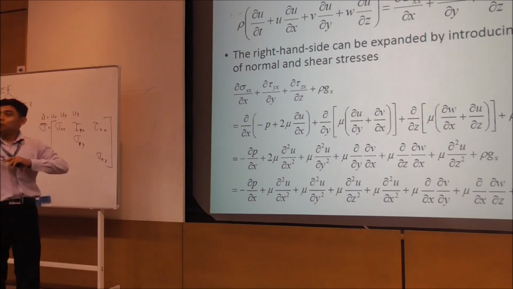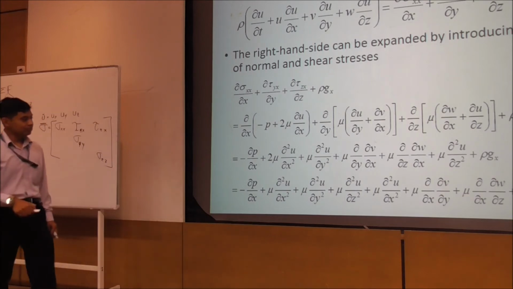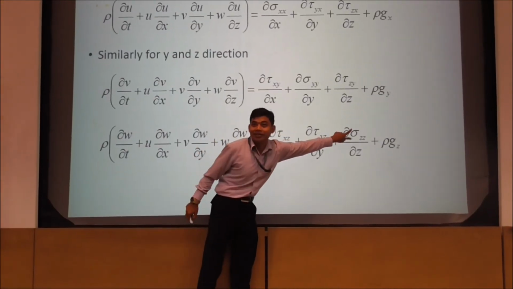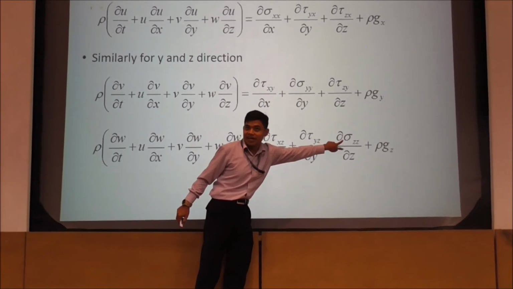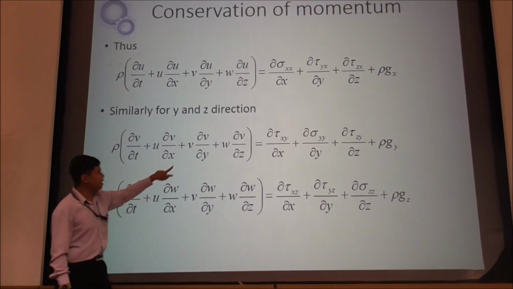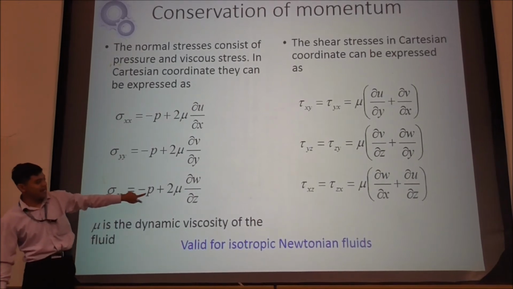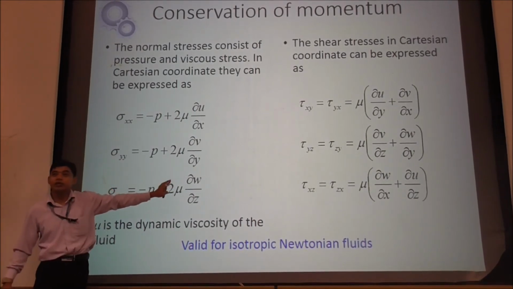Okay, and you put this into here. You see, this one is still sigma zz, right? So you do not want to have that sigma zz. You put sigma zz is equal to minus p plus 2 mu dw/dz.